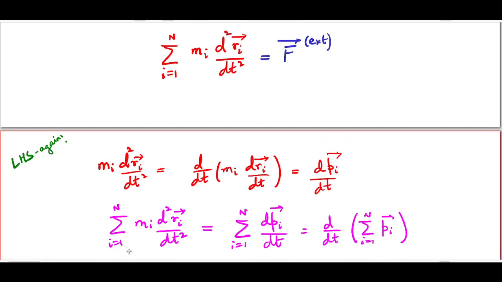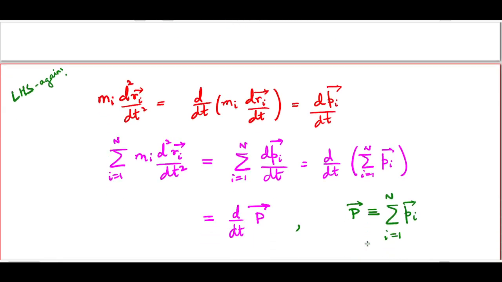And once again, because the sum of derivatives is equal to the derivative of the sum, we can rewrite this as d/dt of the sum of all the momenta of the individual particles, and this can be written as d/dt of capital P, where capital P is simply our notation for the net momentum of the system of particles, something we get by adding up all the individual momentum vectors.